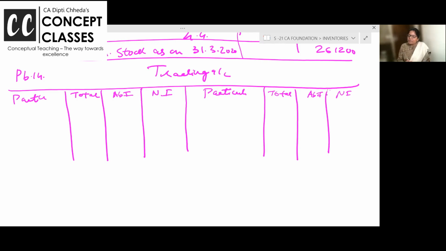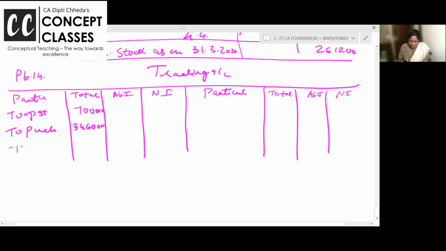चलो, let us fill up the figures. Total figures. What is your opening stock? Total 7 lakh. What is your purchases? Total 34 lakh 60,000.